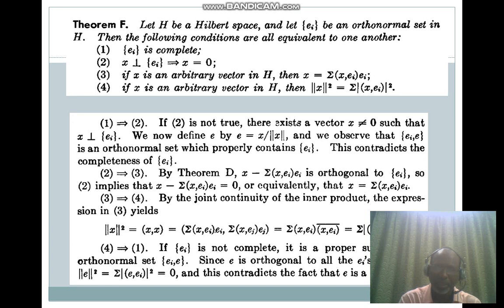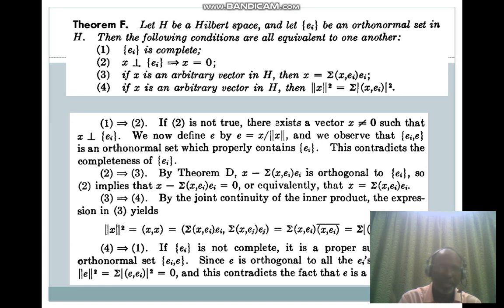But this is a contradiction to the fact that e is a unit vector. What happens here? e is a zero vector, but it cannot be a unit vector. Hence, what we have assumed, that {e_i} is not complete, is a contradiction. Therefore, {e_i} is complete.